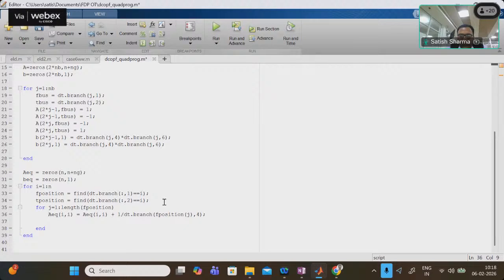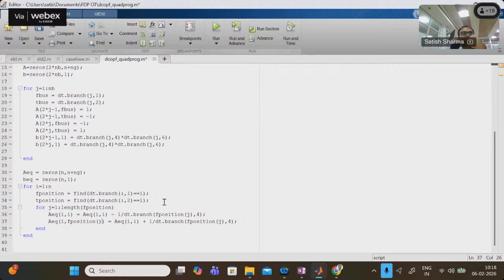Then I will put the same thing with the positive sign. So this should be with the negative sign. I will put a negative sign here, minus, and then the same thing should be placed at i comma jth location. The jth location is basically the node number, not the current j. So the node number will be like the from position.